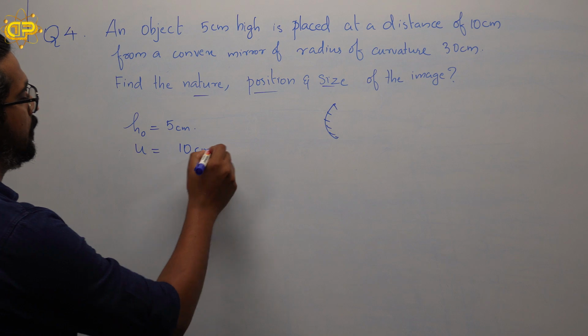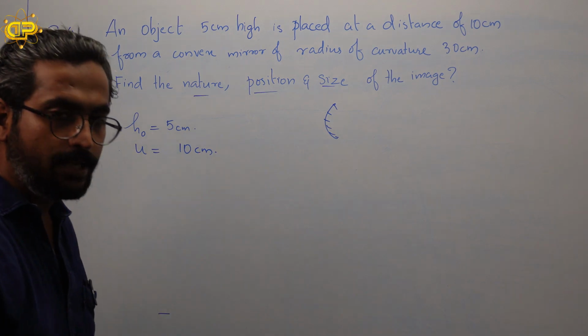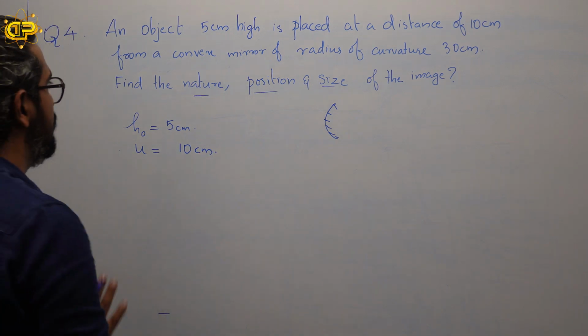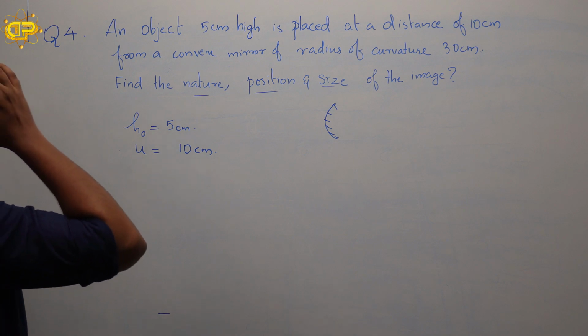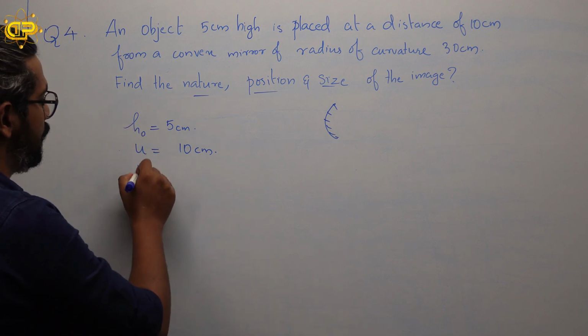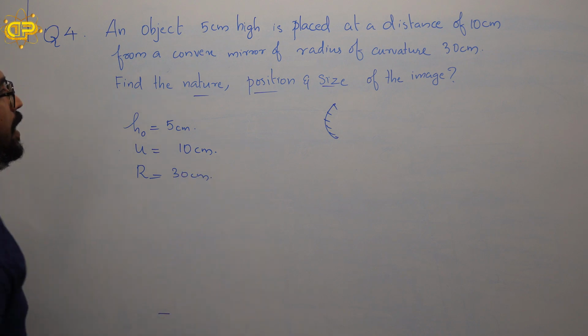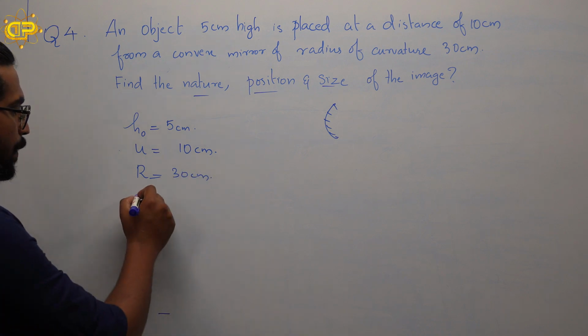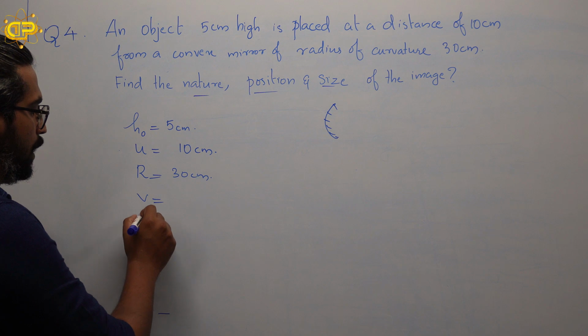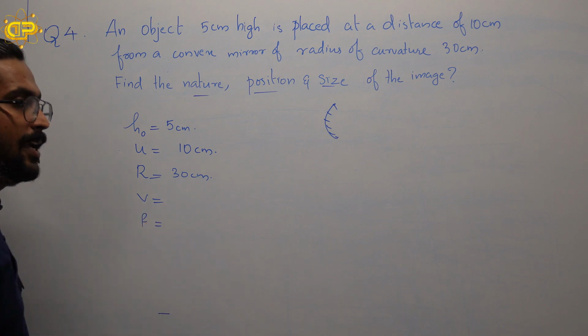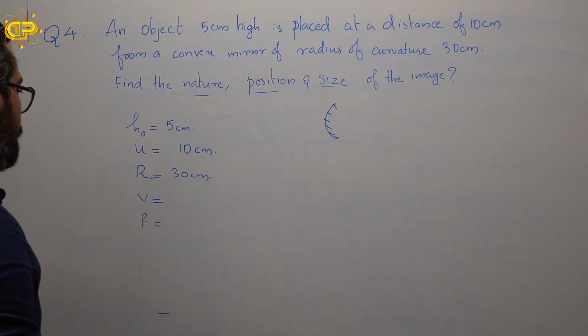I'm not using any negative or positive sign right now, just writing it down. Then the radius of curvature is 30 centimeter. Find the nature, position, size. That means we need to find out V there, we need to find out F there, and let us see how we can do it.